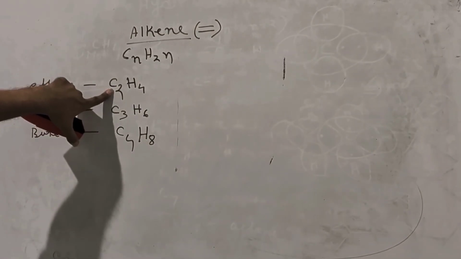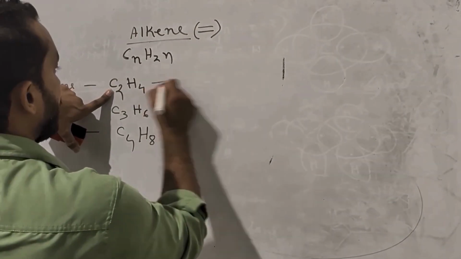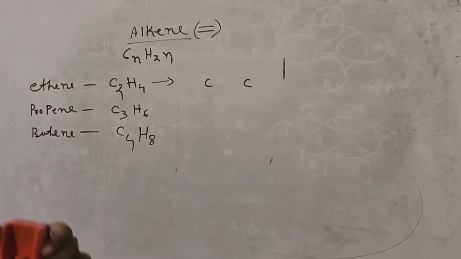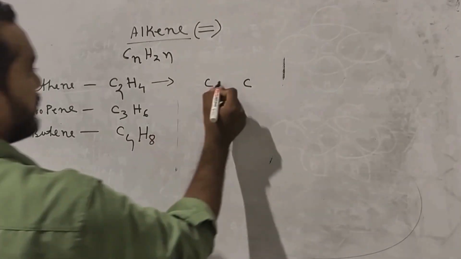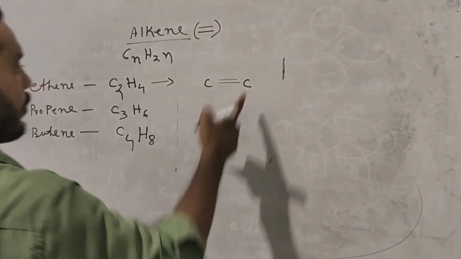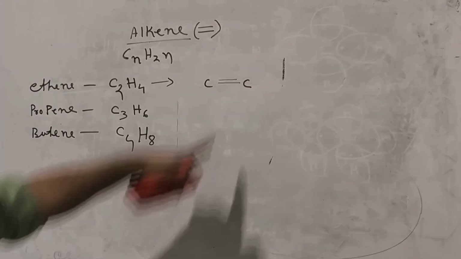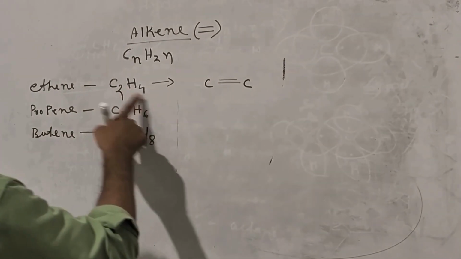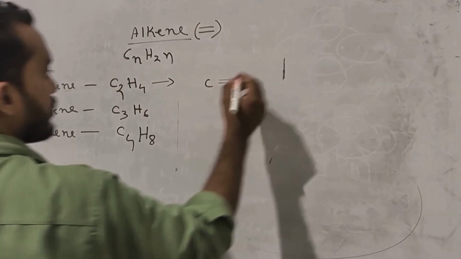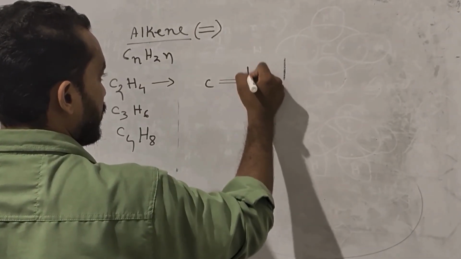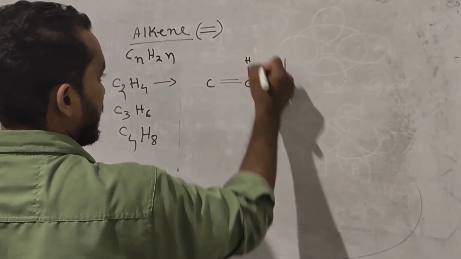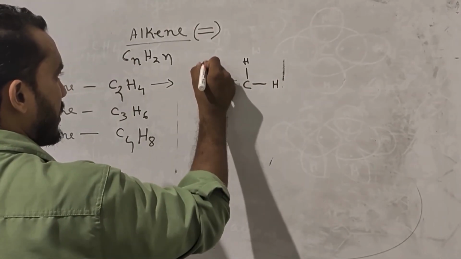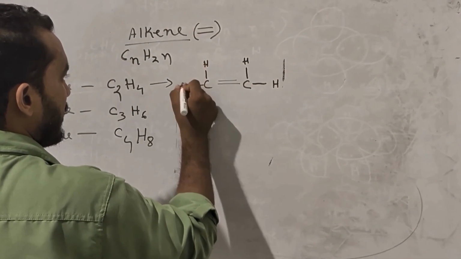Now you will draw the structure of ethene. How many carbons are there? 2. Just give 2 carbons like this. In between carbon and carbon there should be a double bond like this. Now, surrounding each carbon, 2 bonds are already there and 2 more bonds I can form, so I can place 1 hydrogen here and 1 hydrogen here, and the same on the other carbon.